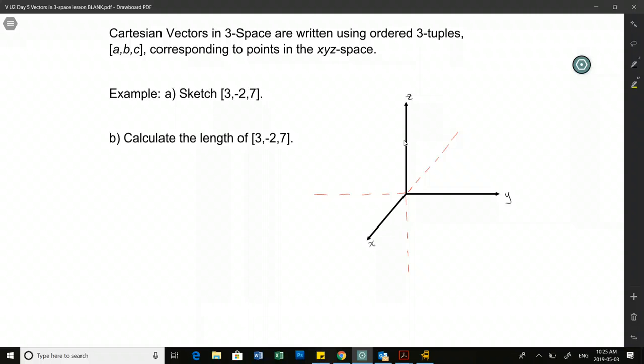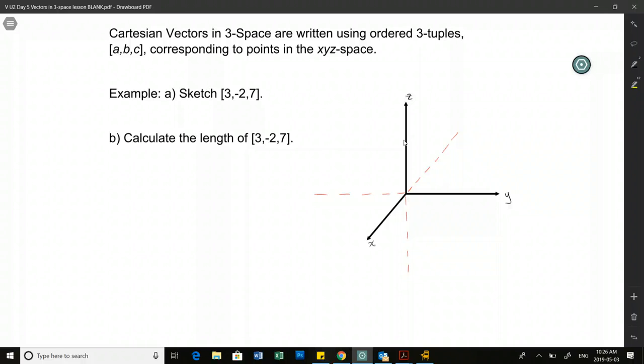I'm keeping it as if the Z and Y are flat on the board. Exactly, it's the right-hand rule. Yeah, that's what it's called.